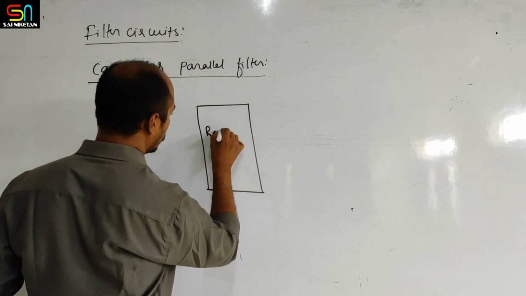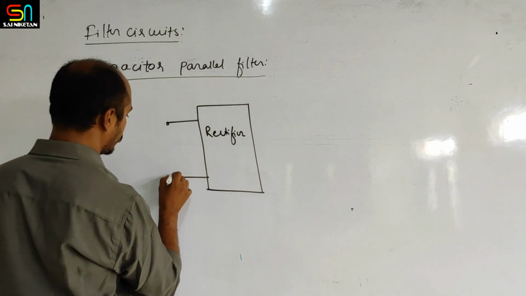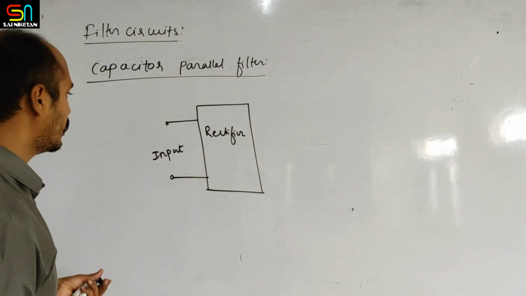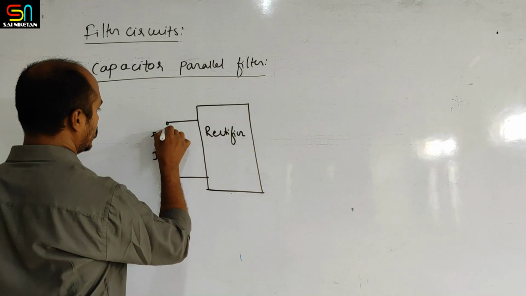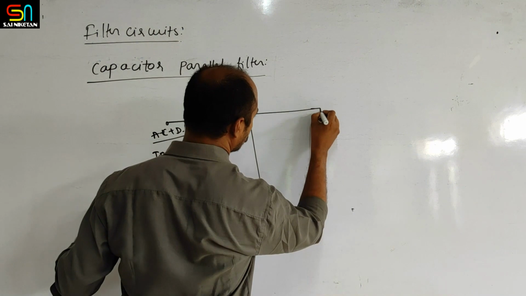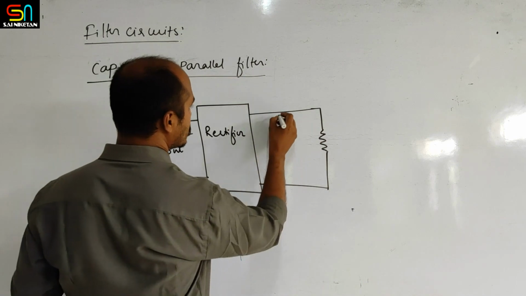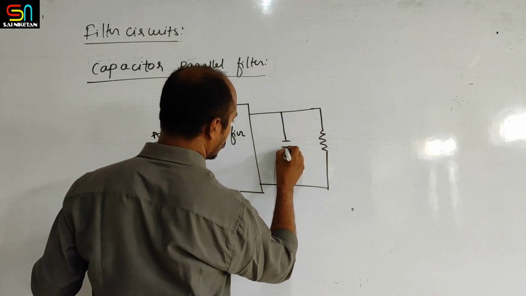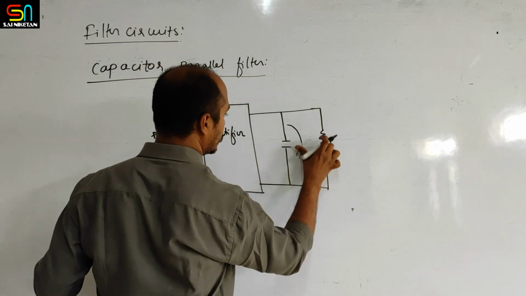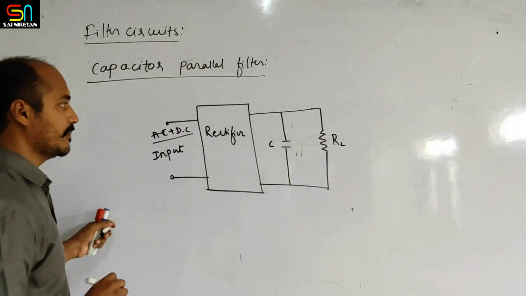This is the rectifier, and this is the input pulsating DC, or you can say AC plus DC. Here the load resistance is connected, and to this load resistance a capacitor is connected. This is RL and this is capacitor C.